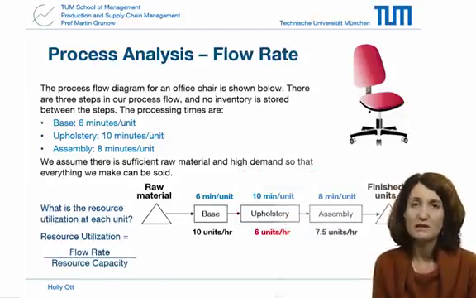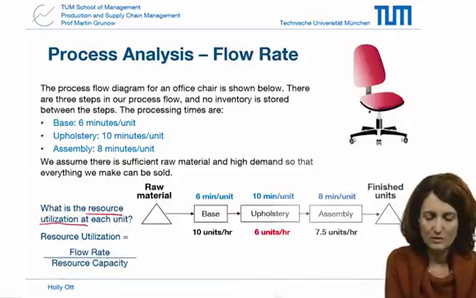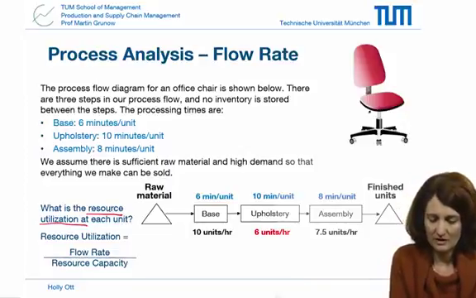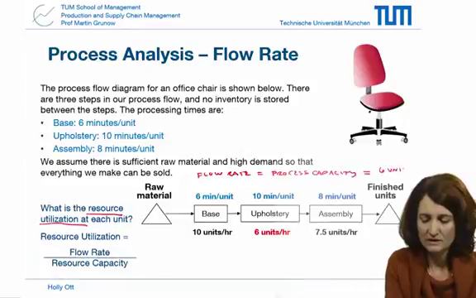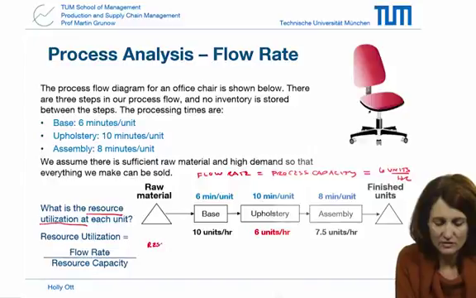So the next very interesting thing was the resource utilization. So we've got a flow rate equal to our process capacity. For this example, capacity equal to 6 units per hour. Now for each of these, we want to calculate the resource utilization.